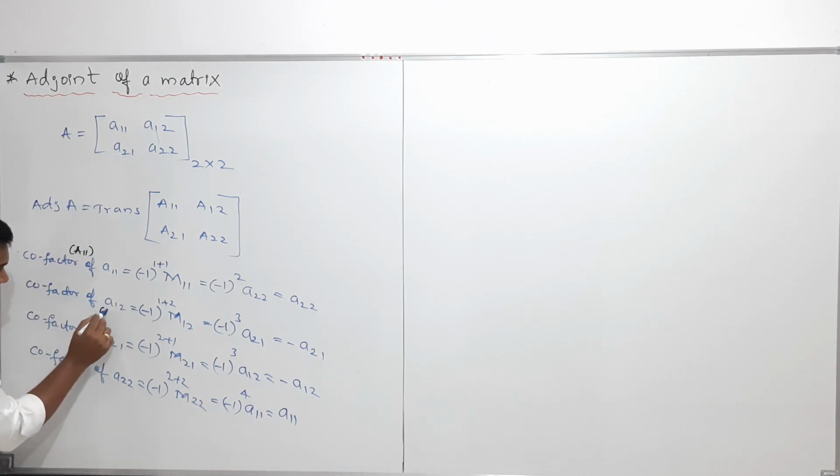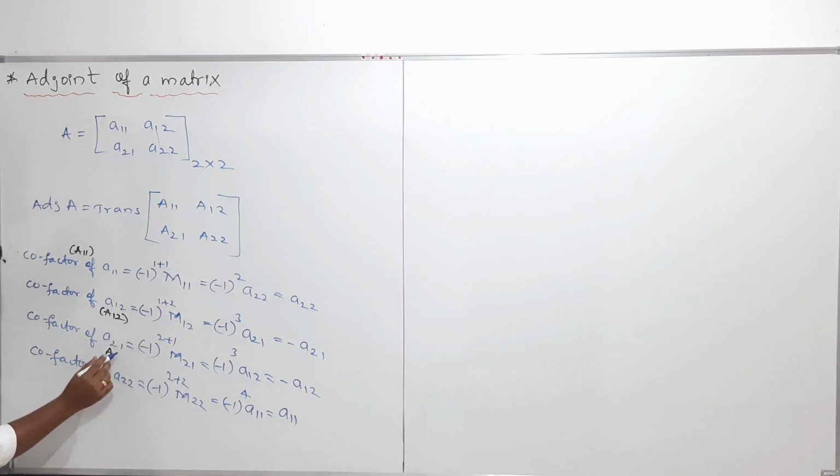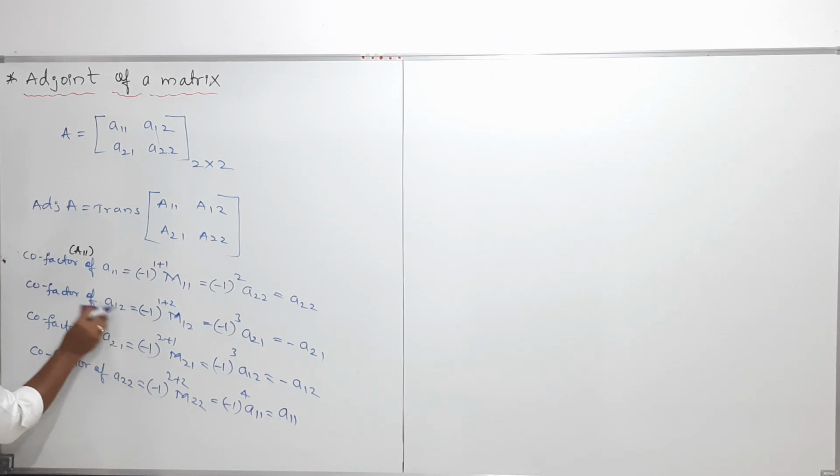Cofactor of A12, I can denote it as capital A12. Cofactor of A21, I can denote it as A21, and cofactor of A22 can be written as A22.